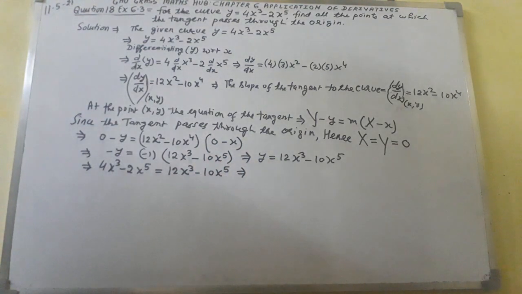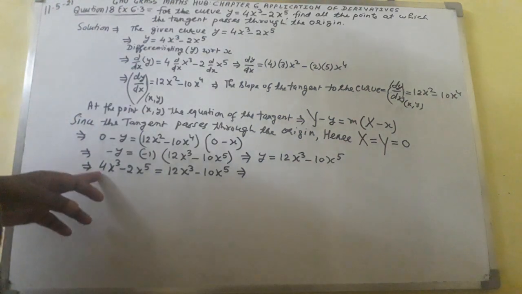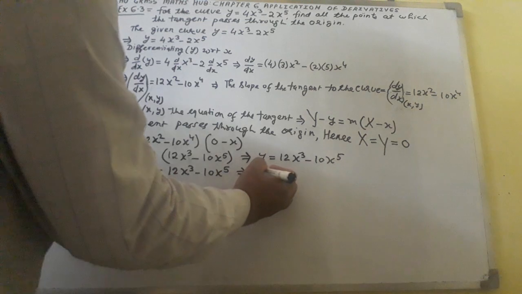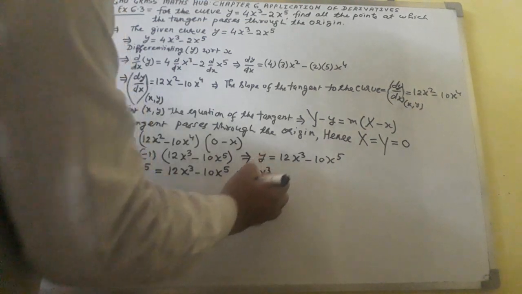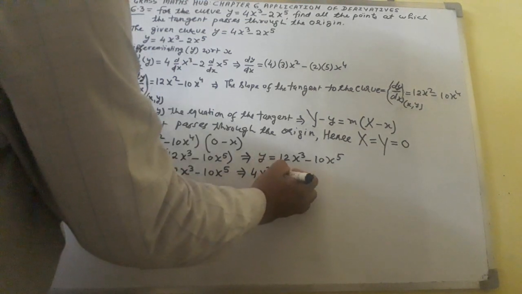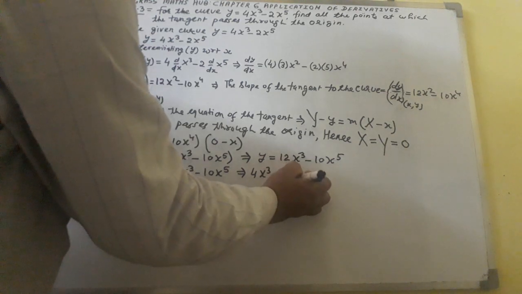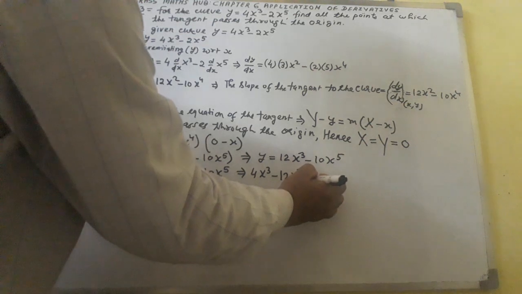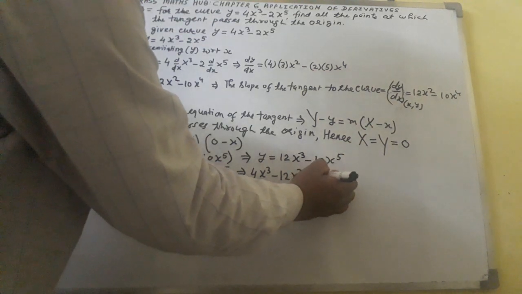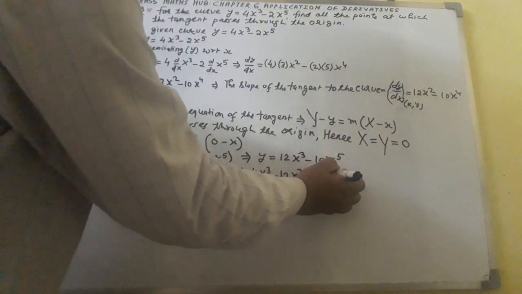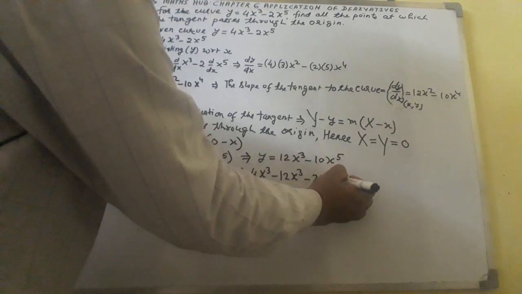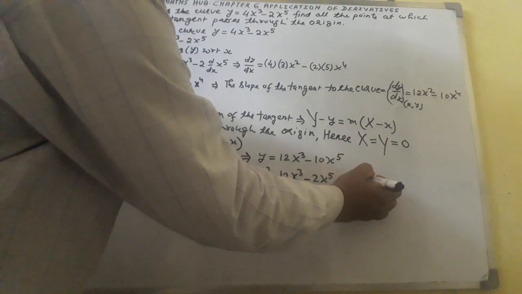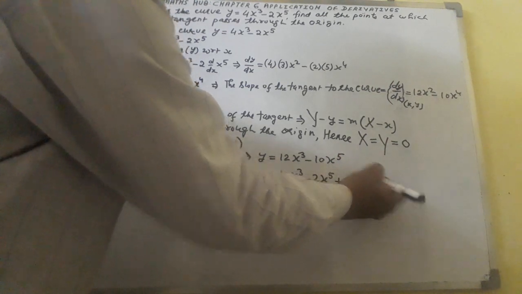On simplification, here we shall get 4x cube minus 12x cube minus 2x raised to the power 5 plus 10x raised to the power 5 comes out to be 0.